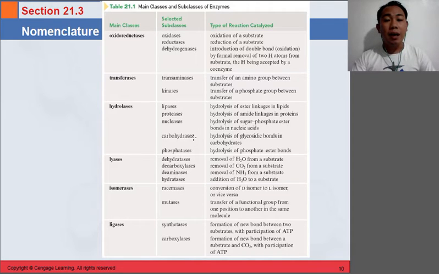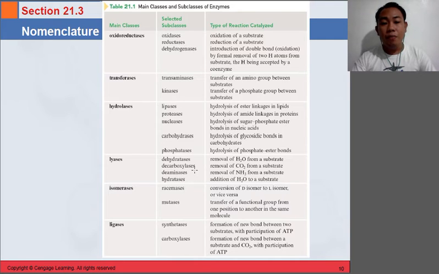We have the carbohydrases, the hydrolysis of glycosidic bonds in carbohydrates. And we have the phosphatases, the hydrolysis of phosphate ester bonds. Another main class is the lyases. The subclasses are the dehydratases, which remove water from a substrate.